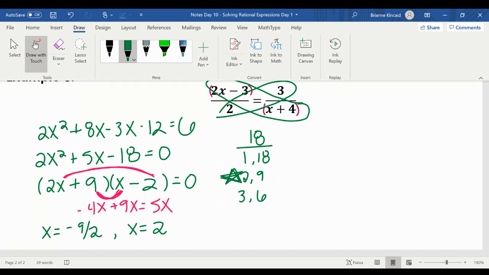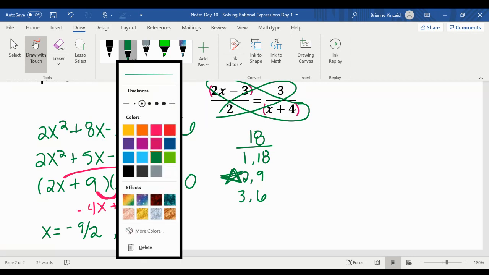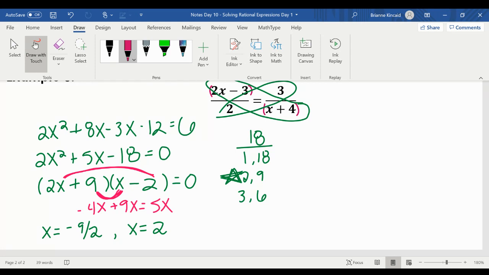When you have something a little bit more complicated, such as negative 9/2, it is totally fine if you want to plug that into a calculator to check it, because it's a little bit complicated when you do it by hand. We'll do it, but just know that you can always do that. I'm going to check the easier one first. Actually, let's just dive into the more difficult one.